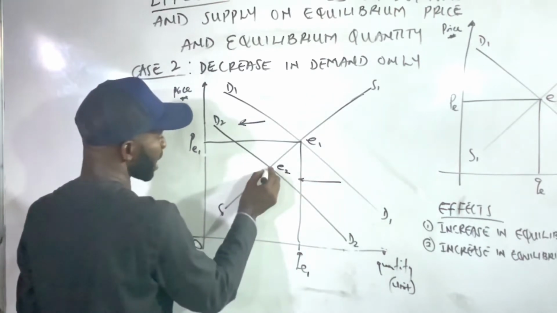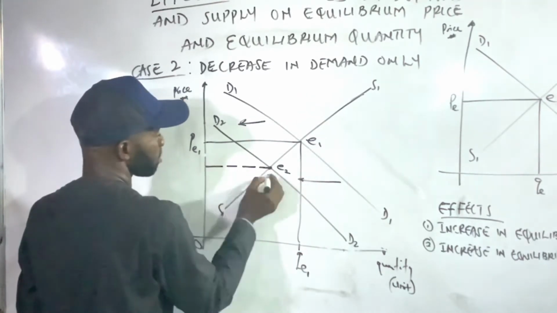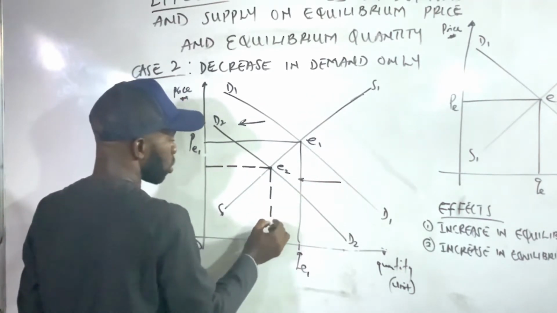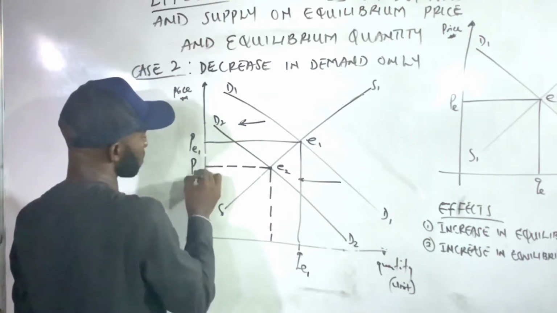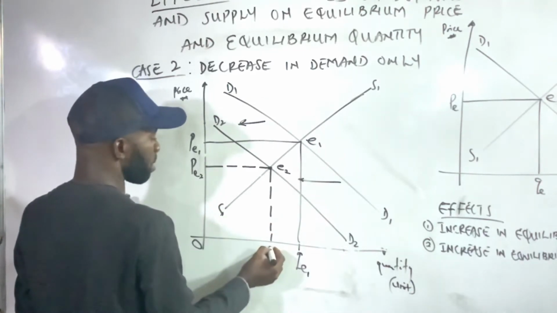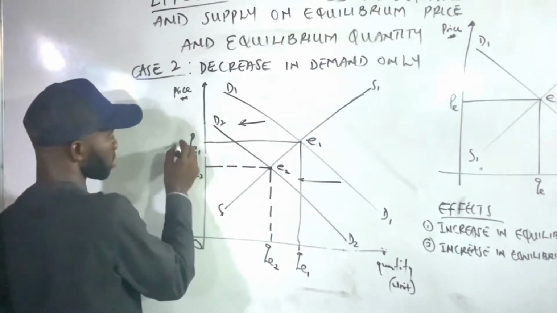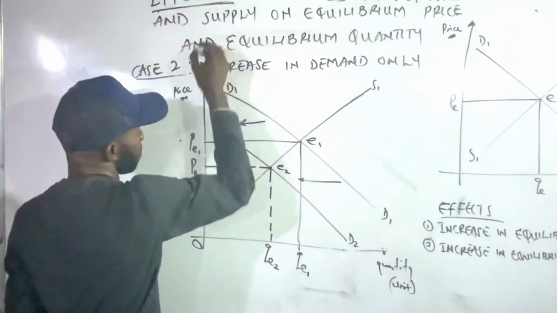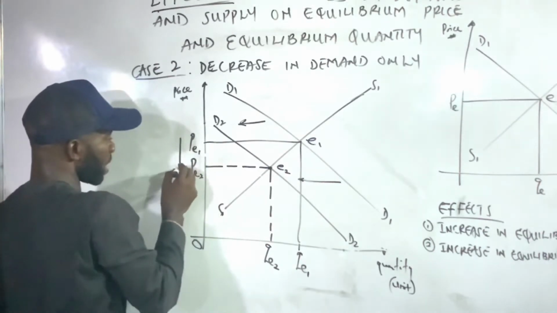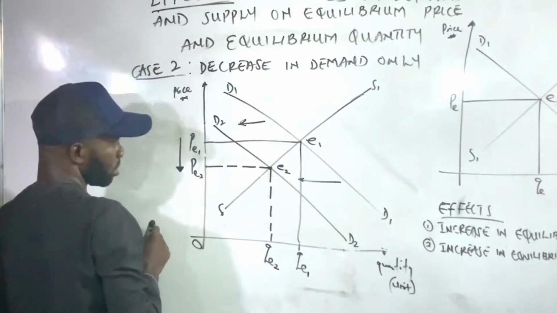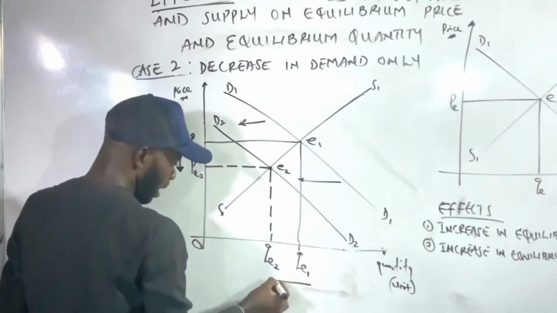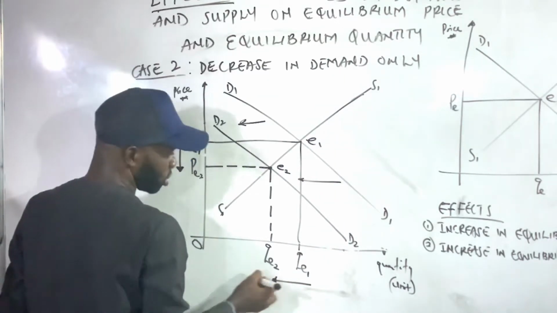You trace that interaction point to the price line and also to the quantity line. So this gives us second equilibrium price and second equilibrium quantity. What can we see? Effect now. I can see that my equilibrium price came down, reduced, while my equilibrium quantity also reduced.